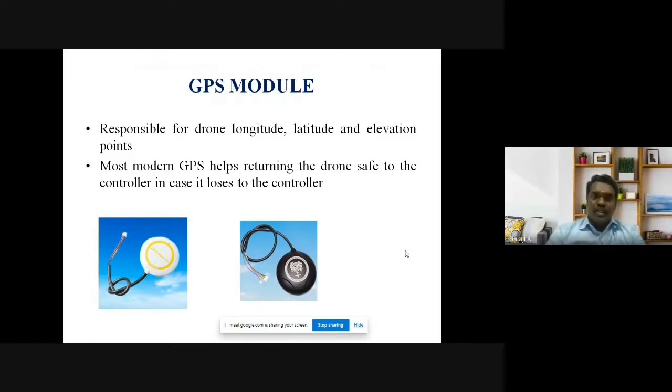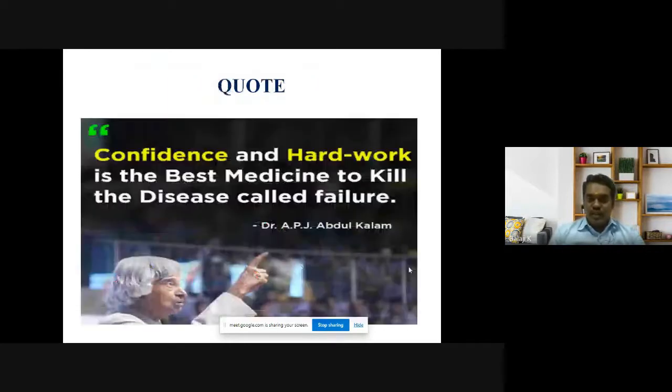Suppose in your drone a control loss suddenly happens, so the pilot cannot communicate with the drone. In that situation, if the drone has a GPS module, it will come back to the starting place automatically. If control is suddenly lost, it will come back to the origin by using the GPS module only. So that is the importance of the GPS module for different operations.